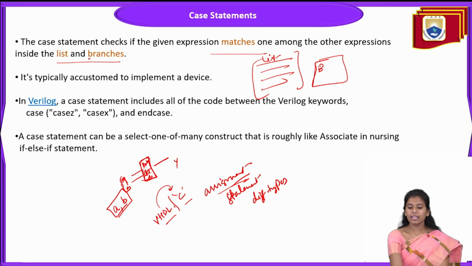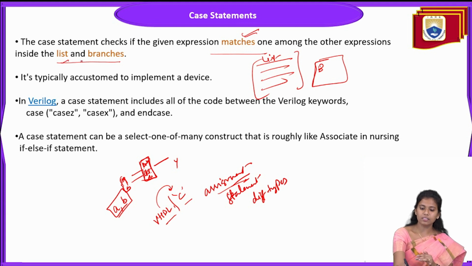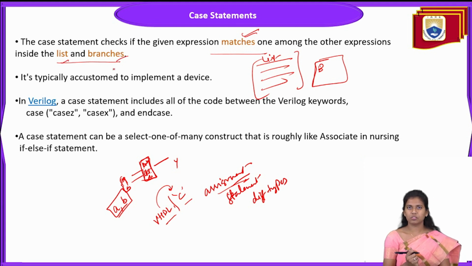It just has a glance to see whether it is matching or not. All the matching with respect to the other expressions is done only inside the list and the branches.